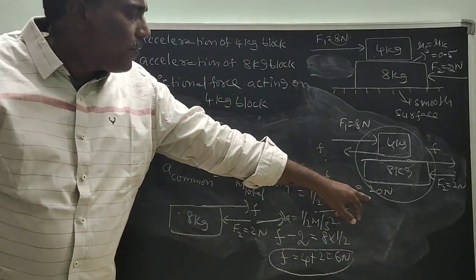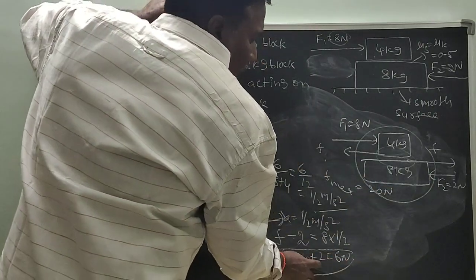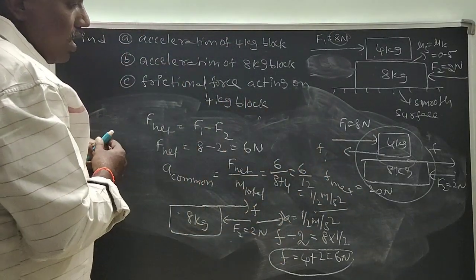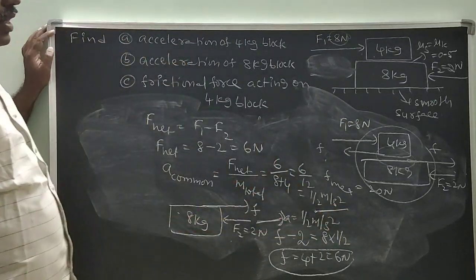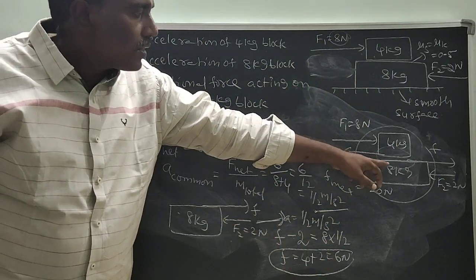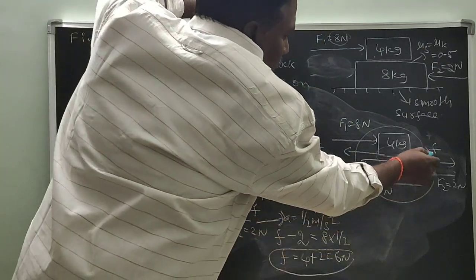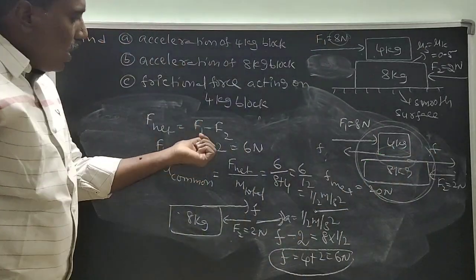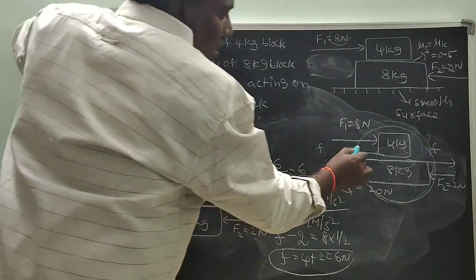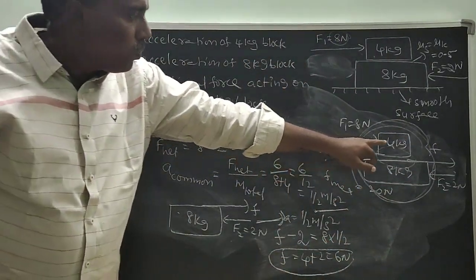But the maximum available friction is 20 Newton. So the required friction is less than the available friction. So both blocks move with common acceleration, that is half meter per second square, and the frictional force acting on the 4 kg block is 6 Newton, and the frictional force acting on the 8 kg block is also 6 Newton. The net frictional force acting on this system is 0. Here we are considering only F1 minus F2 because these two are for this system, 8 plus 4, both blocks.